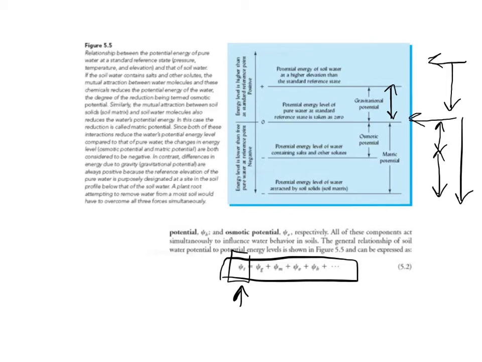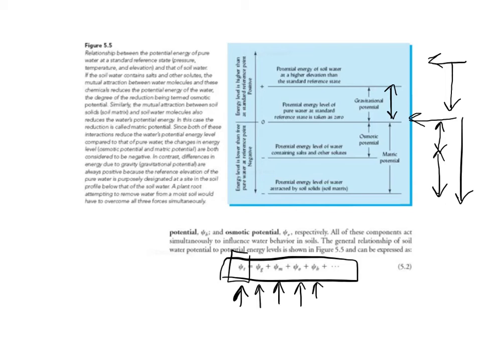Well, it acts in a particular way because there's gravity working on it. We have a particular kind of texture, so the soil matrix is a particular way of drawing water from one place to another. We have more or less salts, so that one is osmotic potential. More or less salts in the soil draw water in a different way.